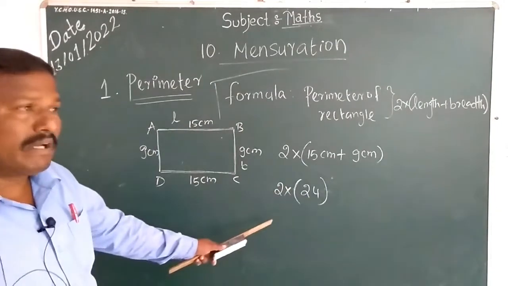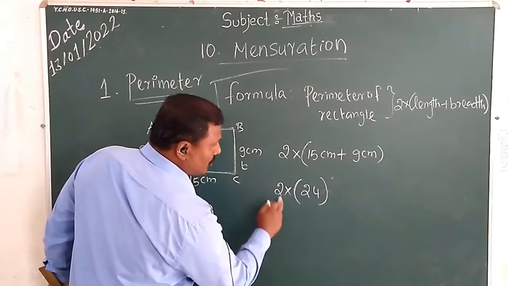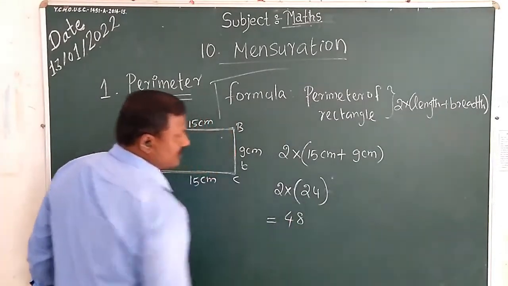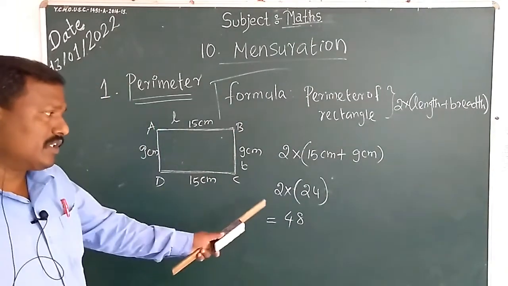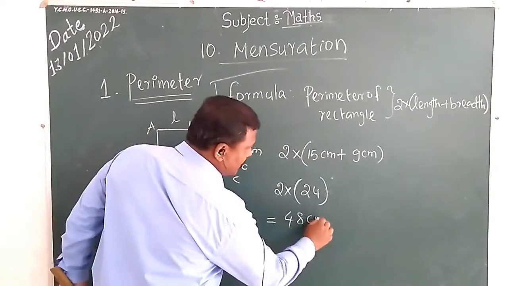Now we do the multiplication: 2 into 24 is 48 centimeter.